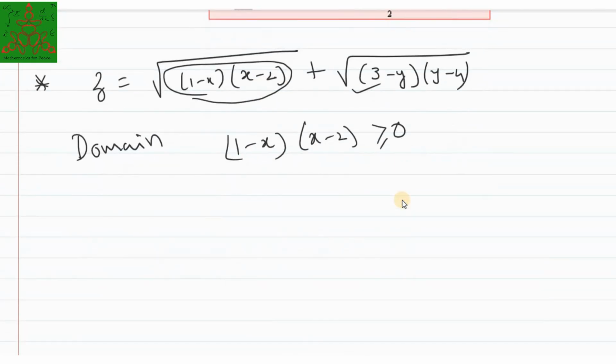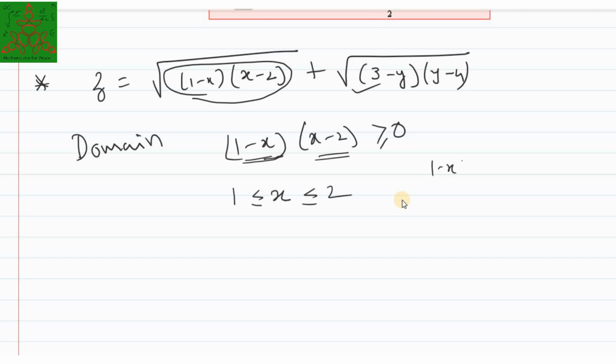That means it has to be a non-negative quantity. This has to be non-negative, so either both of them are positive, or both of them are negative. So your x is between 1 and 2. Why?